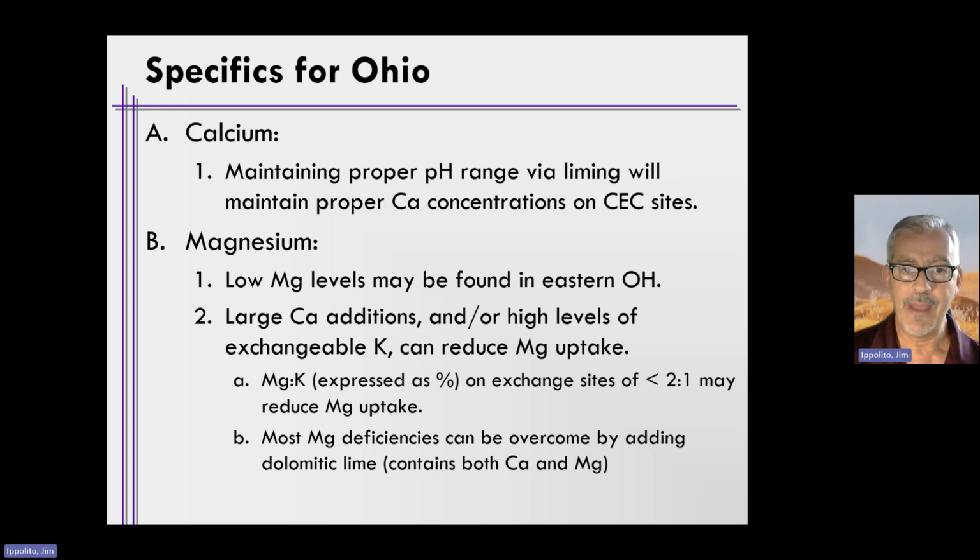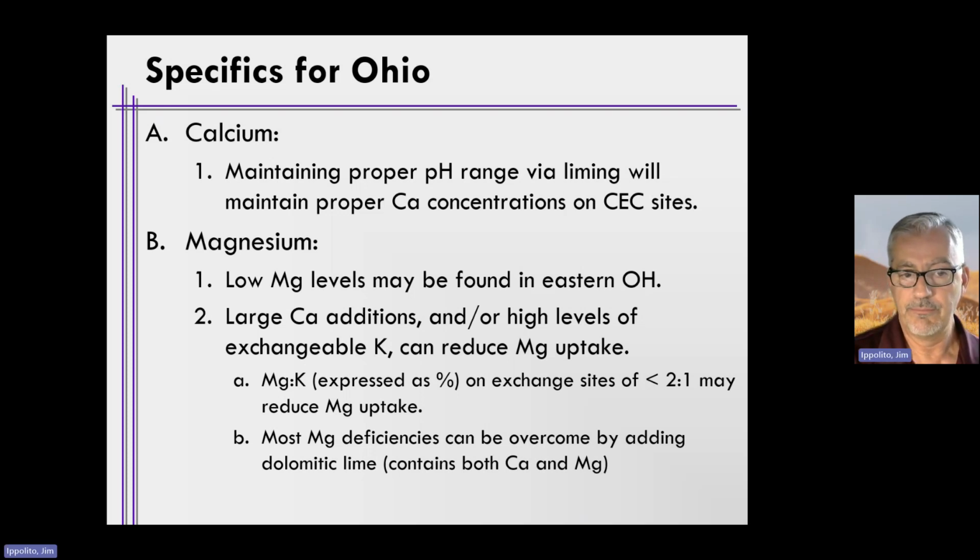Magnesium. Low magnesium levels or concentrations could be found in eastern Ohio, because our soils in eastern Ohio are slightly acidic. And large calcium application rates or high levels of exchangeable potassium can actually reduce magnesium uptake. So this is something to be concerned about when we lime soils in eastern Ohio, right?